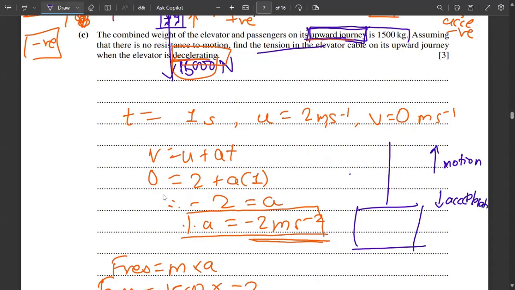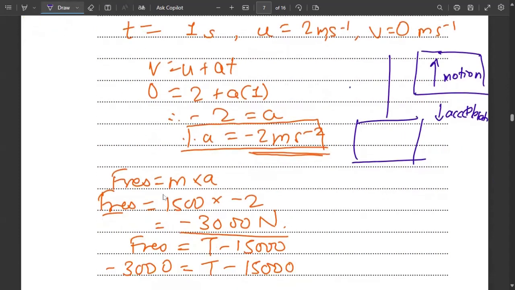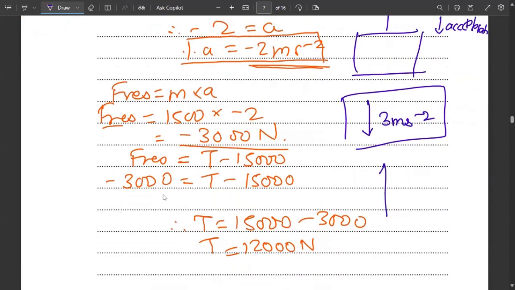Now, if I consider from the motion point of view, upwards, if I tell you a particle is accelerating downwards at 3 meter per second square, that technically means that if I take the upward arrow, the particle will accelerate upwards at minus 3 meter per second square according to vectors.